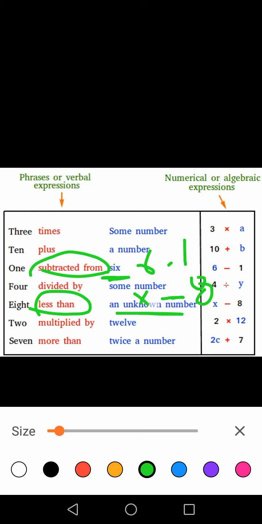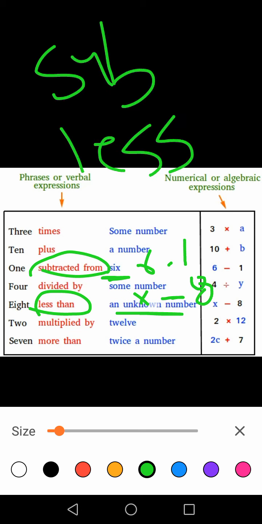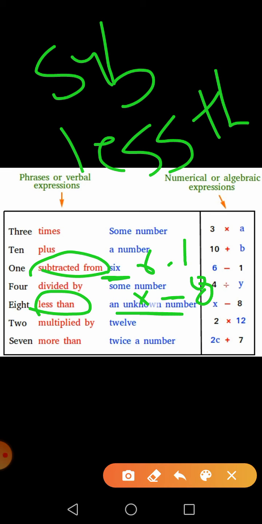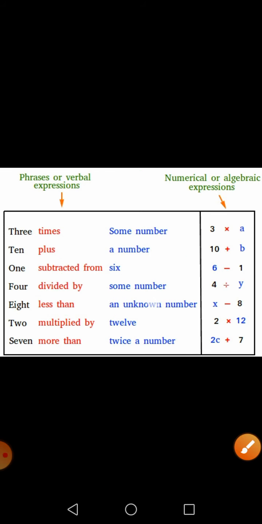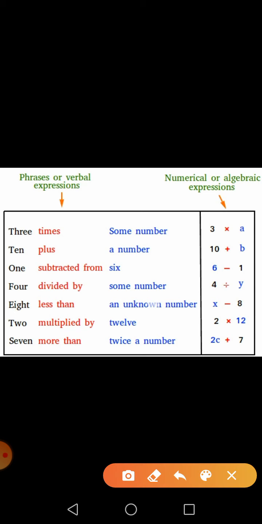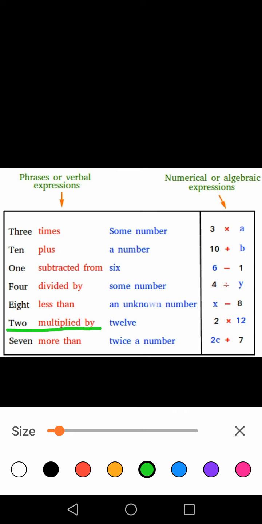So when you find subtracted from or less than, that means you will exchange the terms: 6 minus 1 or x minus 8. Divided, okay, it will be 4 divided by y or x or any number. If they tell me multiply, it will be 2 times.